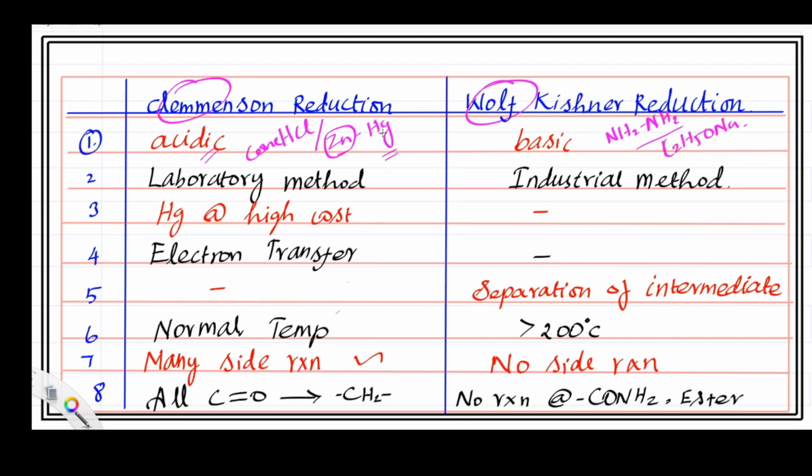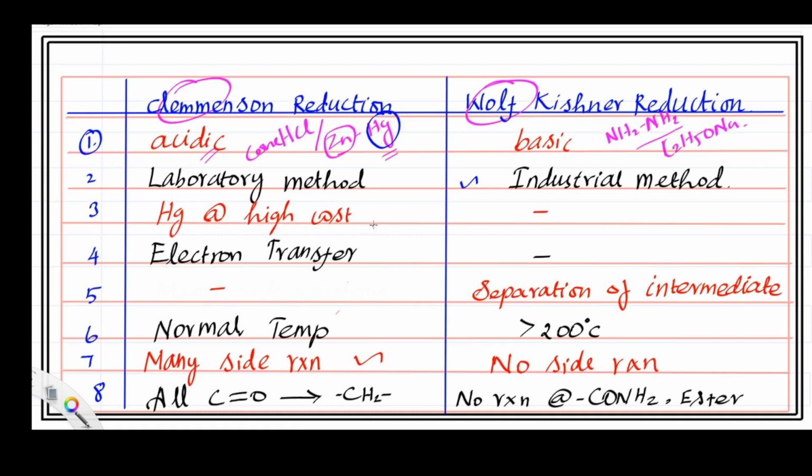And move to second one. In Clemmensen reduction, we have used mercury. Because of the high cost of mercury, we recommend the Clemmensen reduction be carried out in the laboratory. So it is a laboratory method. But in Wolff-Kishner reduction, there is no problem of using mercury. Hydrazine and sodium ethoxide are comparatively low price compared to mercury. So large amounts of alkanes are produced in industries by the Wolff-Kishner method.